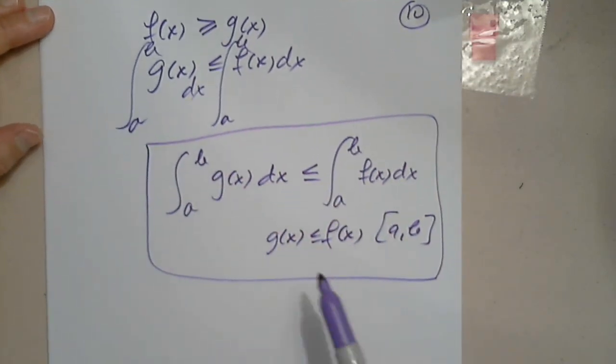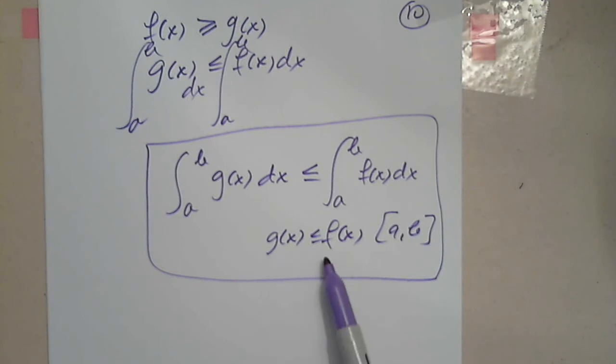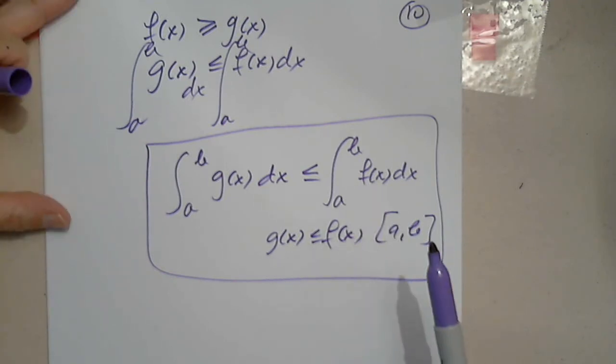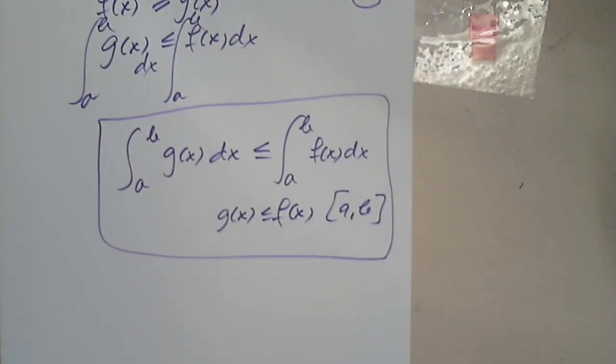If a function is below another function on an interval, its area must be lower than the area under f of x. Any questions? Anyone?